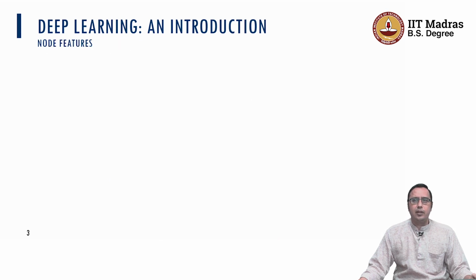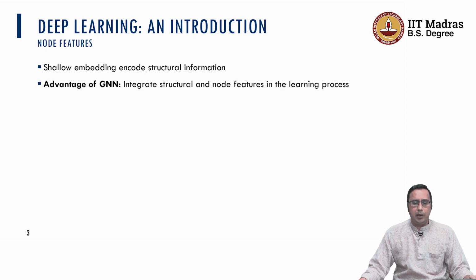So we have discussed node features, and there we saw that shallow embedding encodes the structural information, typically linear. Why do we want to go for deep learning or graph neural network based approaches?